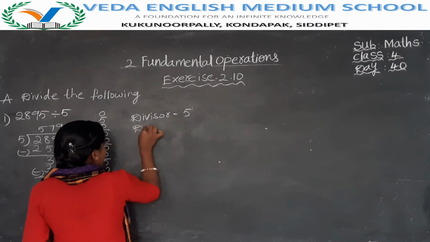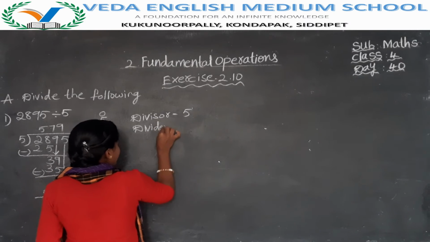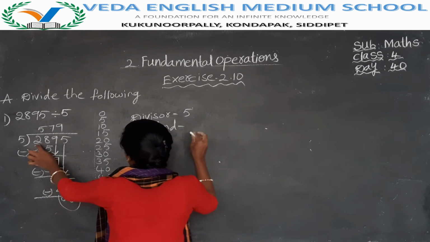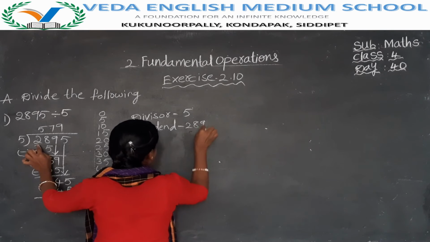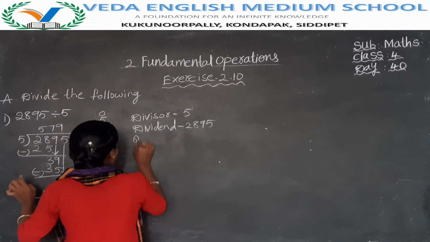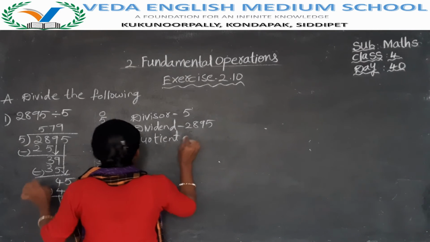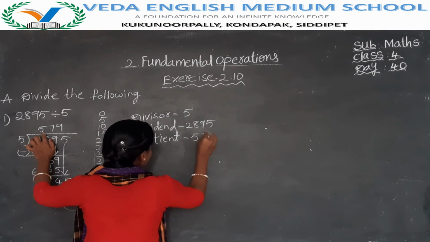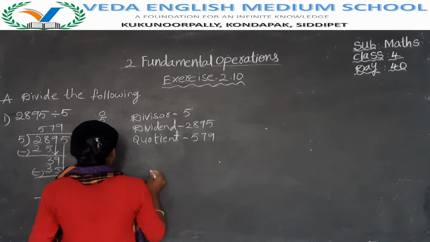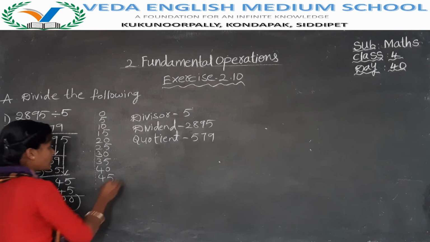Dividend, D-I-V-I-D-E-N-D. Dividend is 2895. Quotient, Q-U-O-T-I-E-N-T. Quotient is 579. Last, remainder is 0.